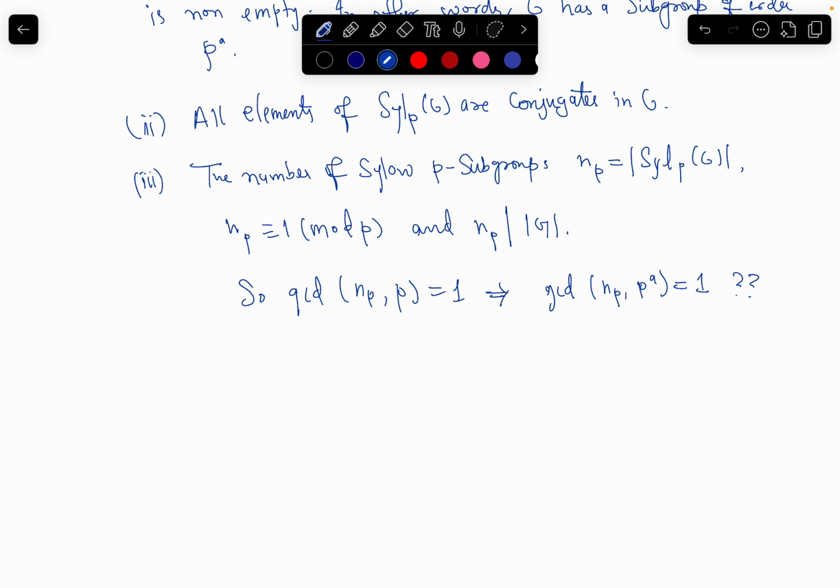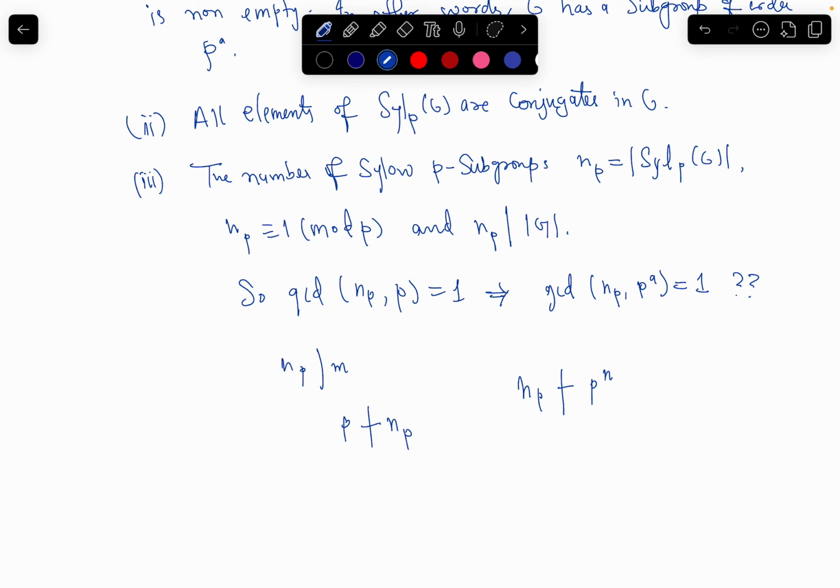So what I wanted to show is that n_p divides m. So we have to just show that p is not a factor of n_p. That is true. So p does not divide n_p, so n_p does not divide p power a at all. For if it does, then n_p has to be 1, and if it is 1, then certainly n_p divides m.